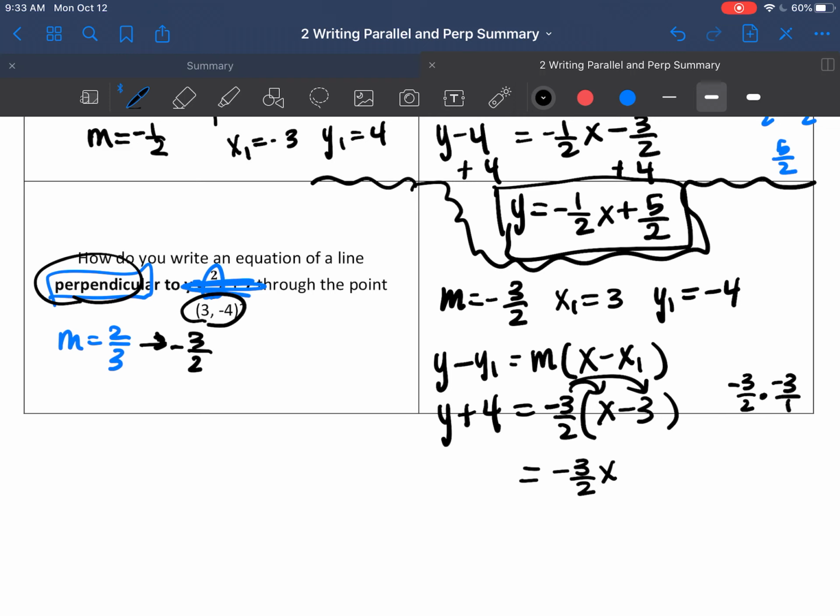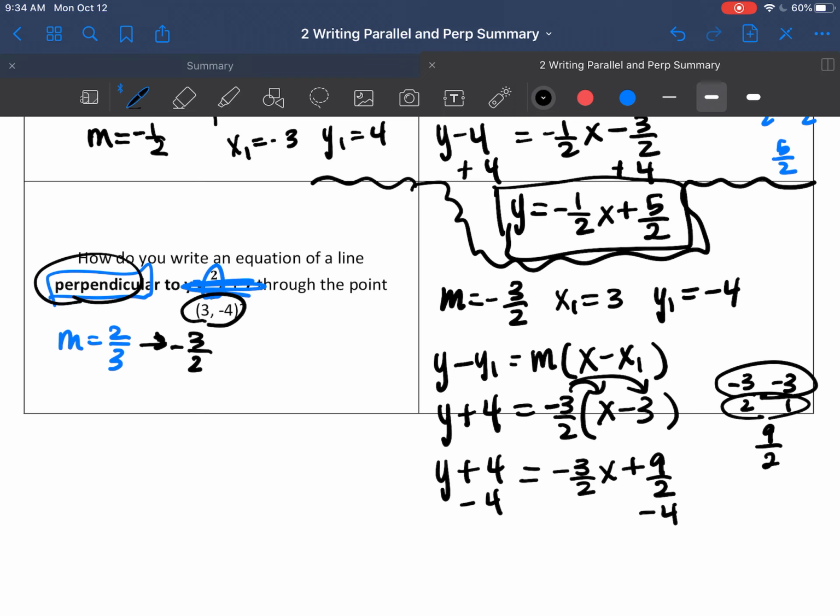Negative 3/2 times negative 3 gives me a positive 9 on top. When you multiply negative 3 times negative 3 it is positive 9. 2 times the 1 is 2. So we've got a plus 9/2 or 4.5 right there if you used your calculator or converted to decimals.